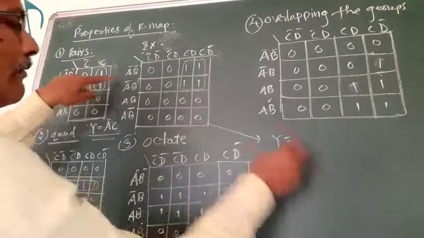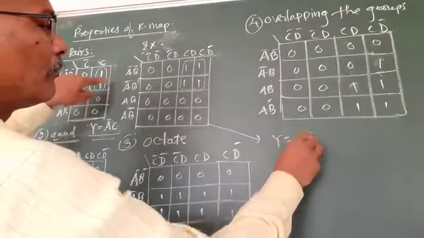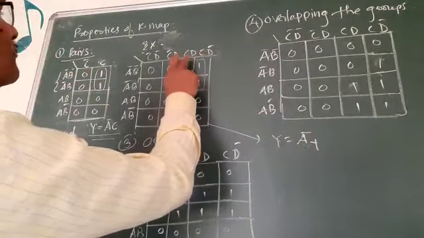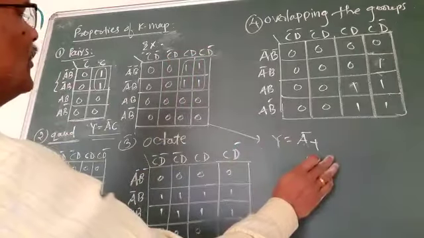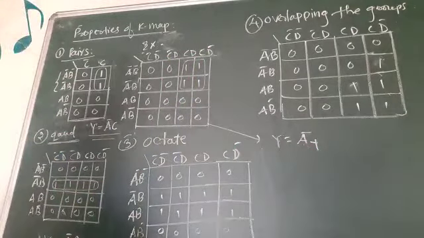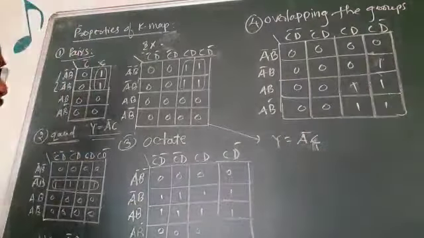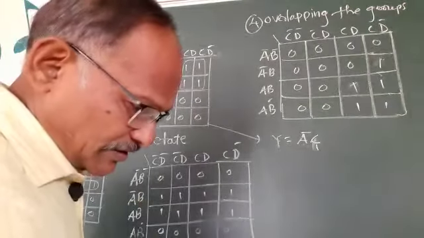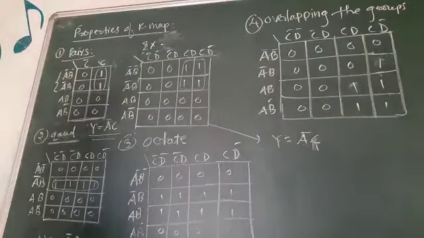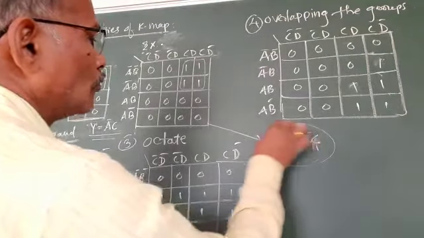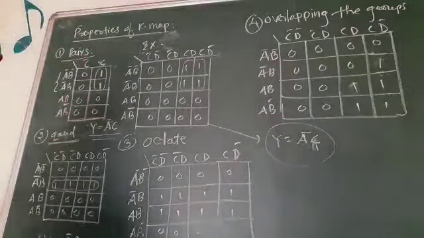So a bar is the common, plus here c is common. This is an example which will give you a very simple and logical equation for the groups. So a bar c is the output value, or prime implicants.